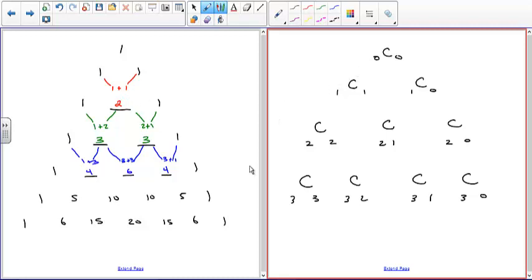What I'm doing is making a triangle, instead of with numbers, using these subscripts.